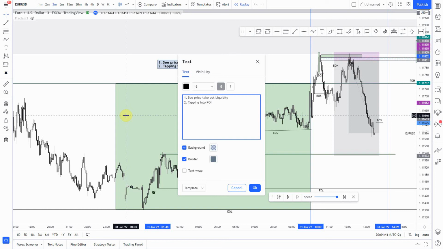Let me just say point of interest. So you want to see price reversing from the point of interest, and this is where you want to see your entry criteria playing out, right?